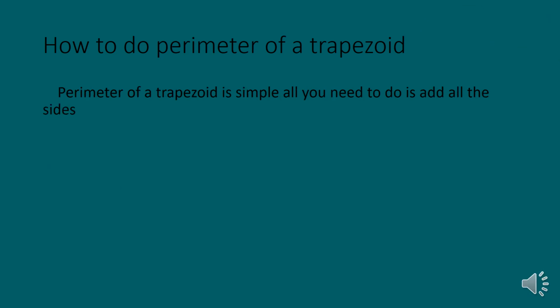Well then, how do we find the perimeter of the trapezoid? The perimeter of the trapezoid is quite simple. All you need to do is add all the sides. The two diagonal sides don't need to be equal, but they could be equal for this. So it could be 4, and let's say this is 4 as well. Then let's say the top base is 5 and this is 7, all right?